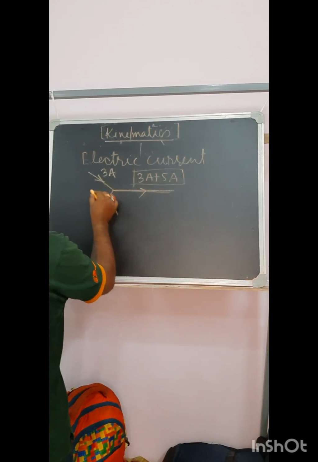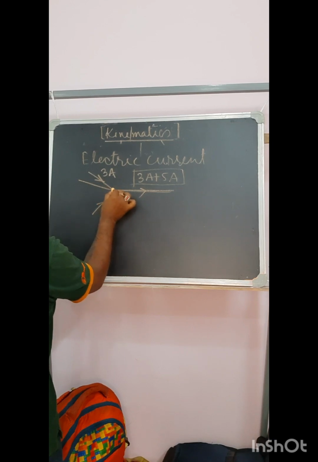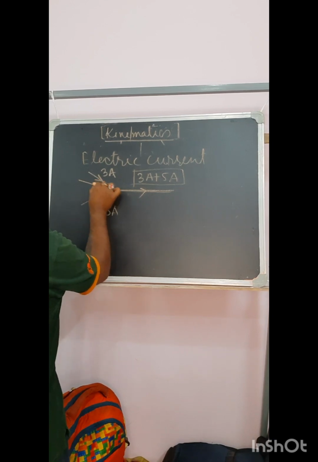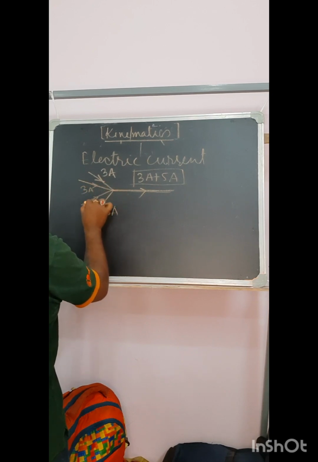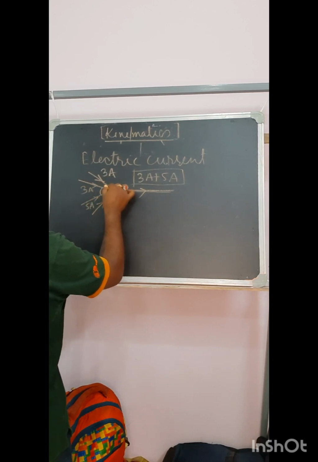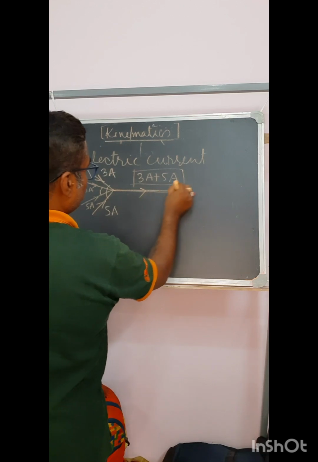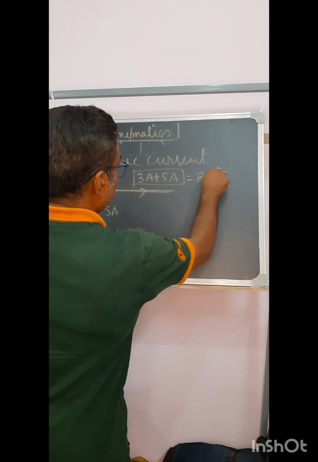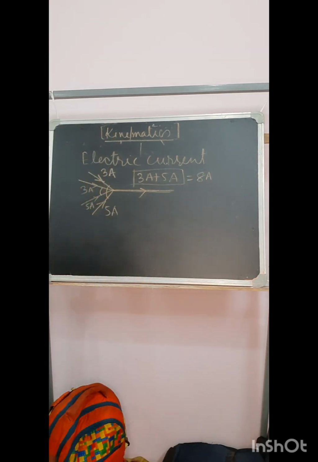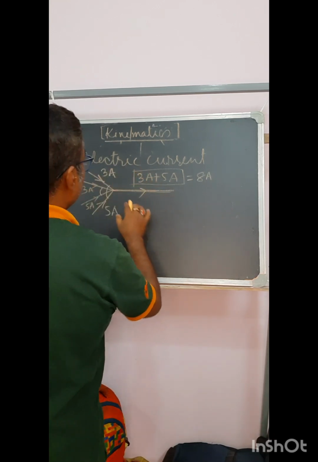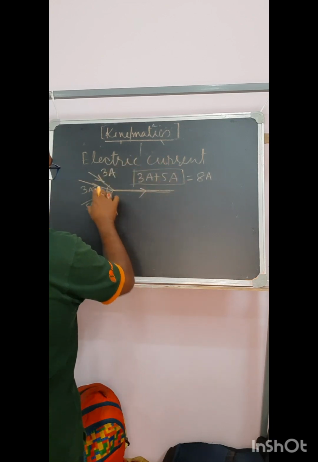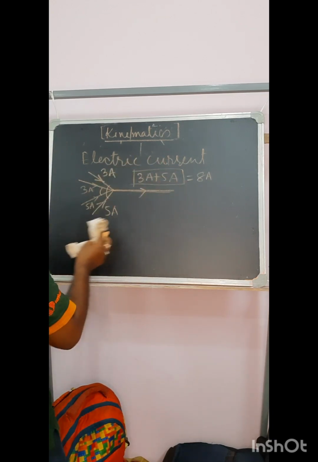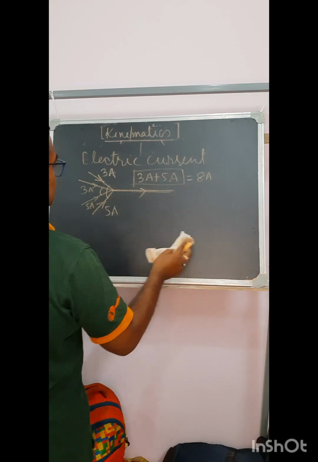Even if we reduce the angle, it doesn't change. If the angle changes between the 3 ampere and 5 ampere, the ultimate current will still be 8 ampere, there will be no change. So this does not follow the rule of vectors.